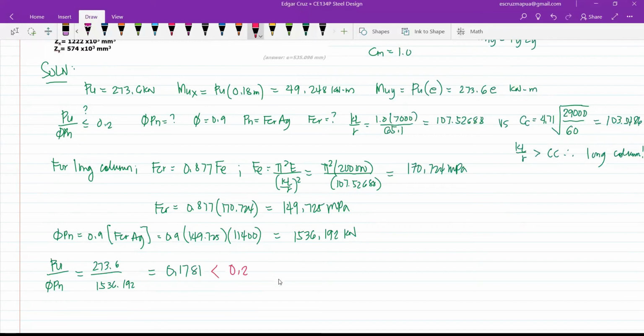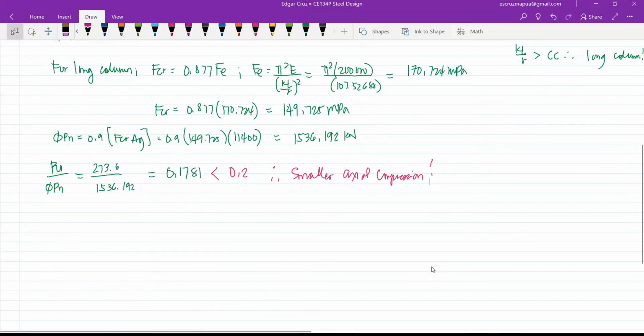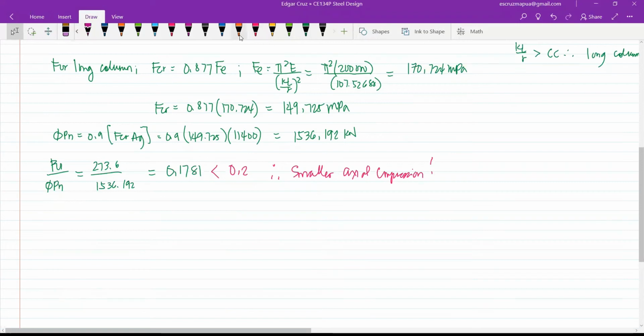Therefore, ano yung tawag dyan? Pagka mas maliit sa 0.2, ibig sabihin, we have smaller axial compression. So, ano yung interaction equation that we have to use for smaller axial? Okay, so check. Smaller axial, maliit ang axial.